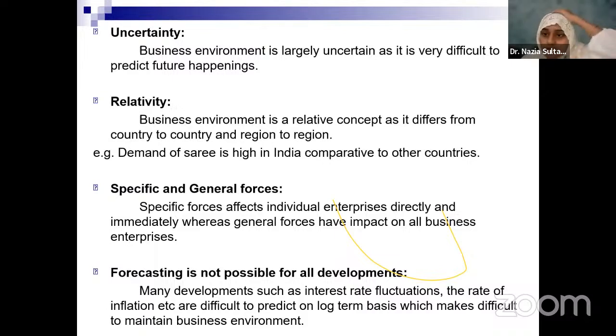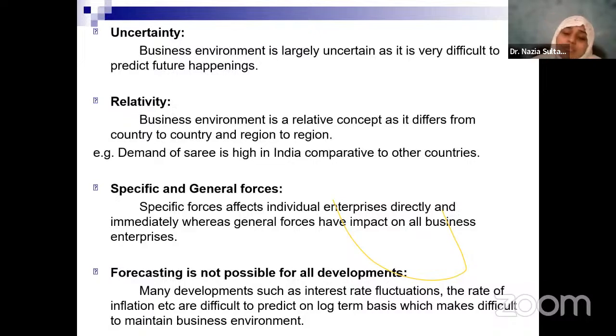Now, because you are in that particular industry which is using that raw material directly, the impact for you will be different, because your individual enterprise has got that as a special force which is impacting. Inflation impacts all the businesses in a general sense, but because the prices of vegetables are rising and you are running a hotel business, it has a specific impact on you which it may not have on other businesses.